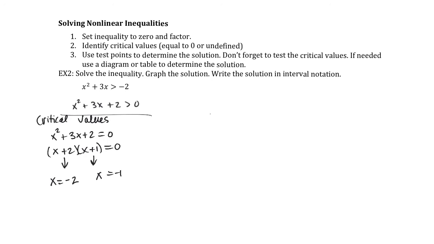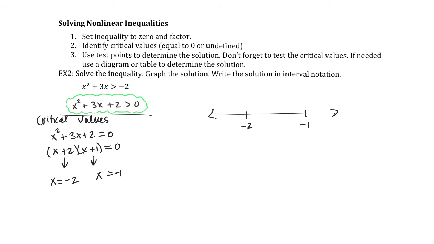Now what I'm going to do is figure out when my function is greater than 0. So here's my function, and when is it positive? This has a couple different sections. We've got when x is -2, when x is -1, and so we want to think about those sections.